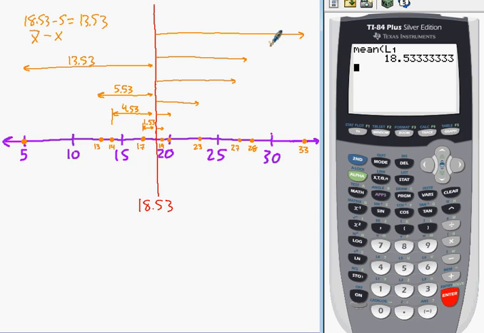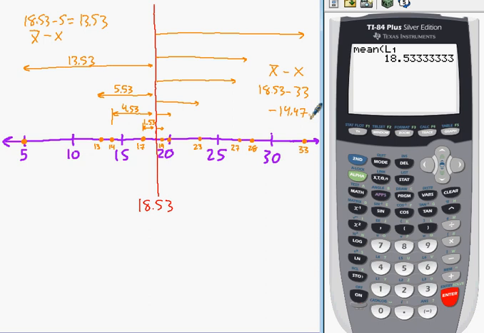Now, if we did the same thing over here, if we did the mean minus each data point, we'd do 18.53 minus 33 for this first one, and we'd end up with a negative number, negative 14.47.